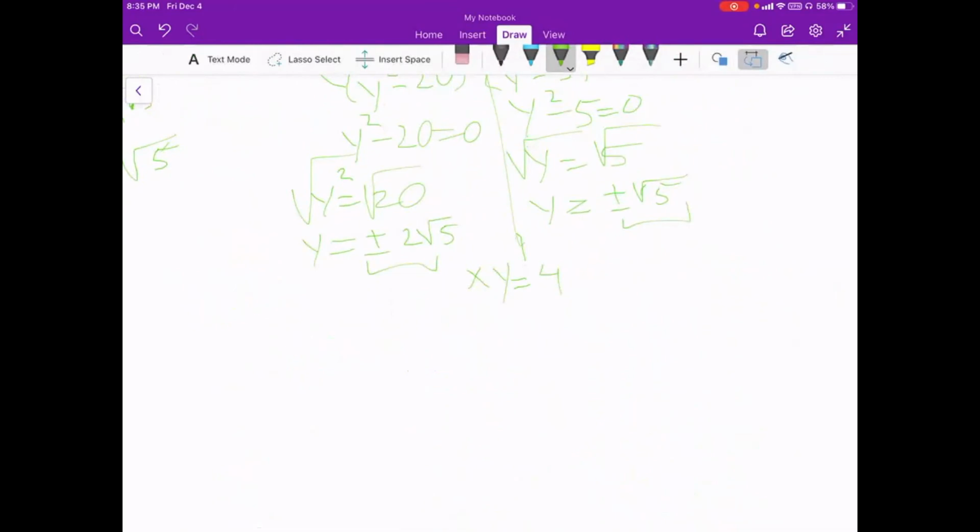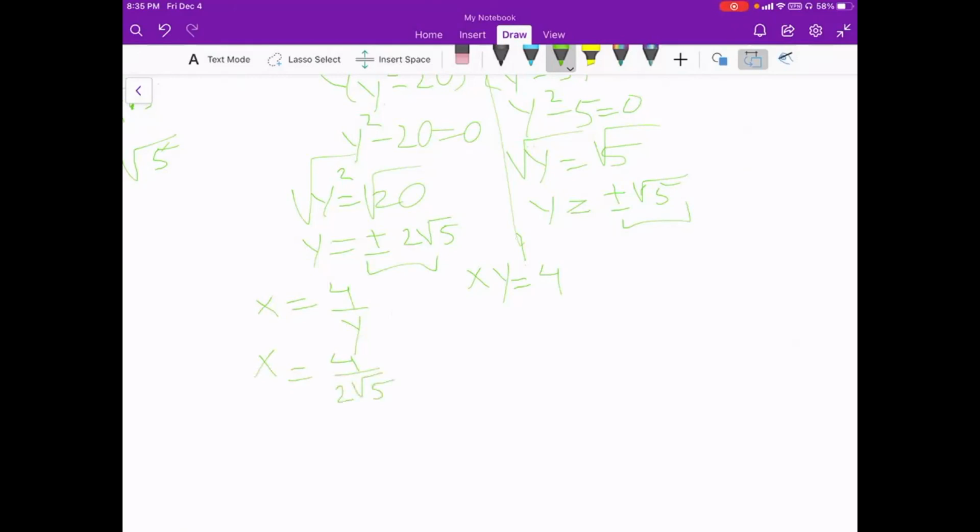Now if I'm trying to solve for x, I should isolate x first. x is equal to 4 over y, as we did for our third equation. If I plug in positive 2 radical 5 for y, I should get x is equal to 4 over 2 radical 5.